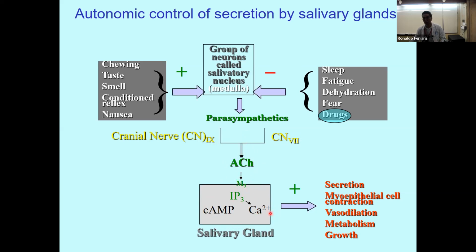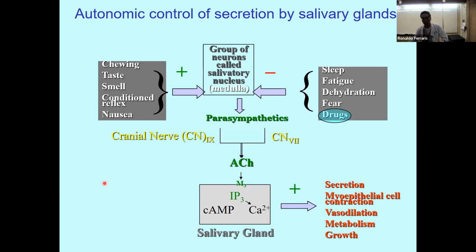This is your signaling lecture here. And when this happens, then you secrete more saliva. Myoepithelial cells are small, smooth muscle cells that are found on your salivary glands, and they actually help in the contractions so that they squeeze the contents of your salivary glands and release them into the oral cavity.